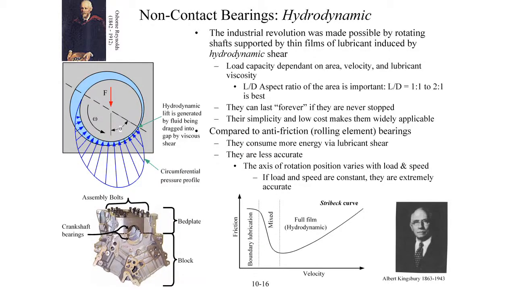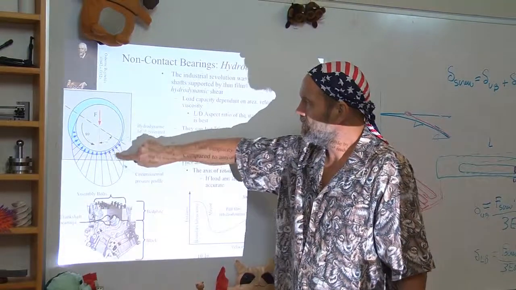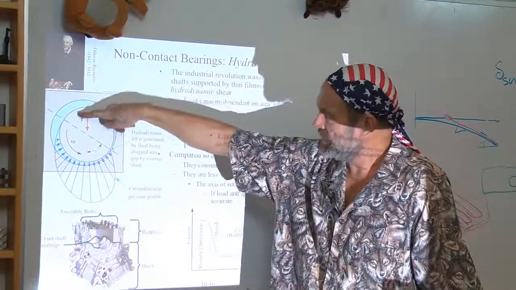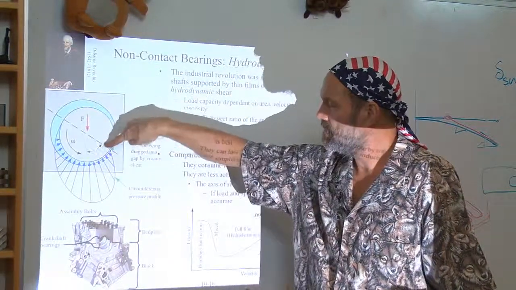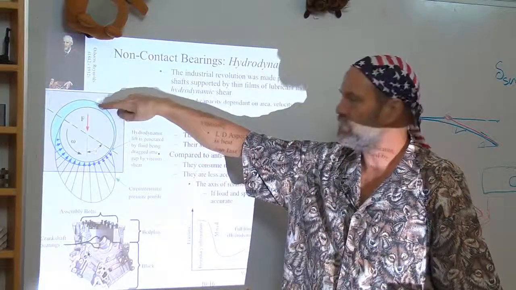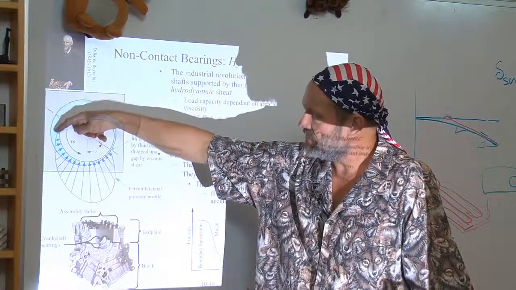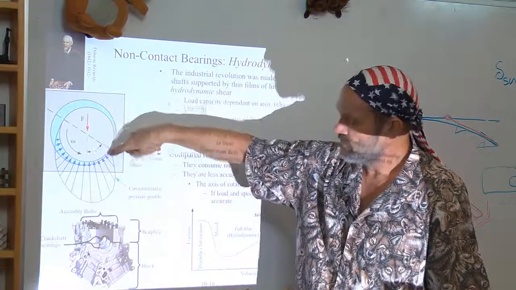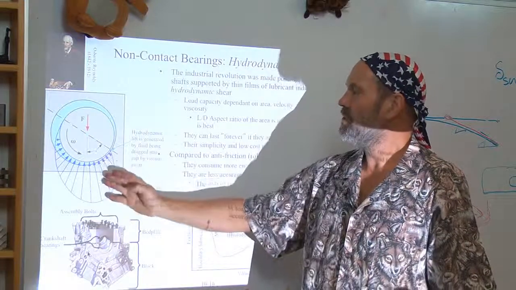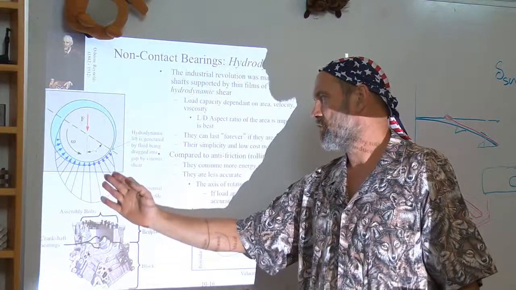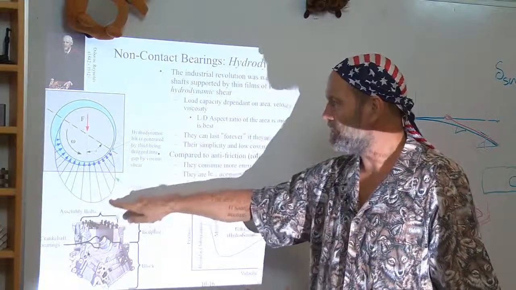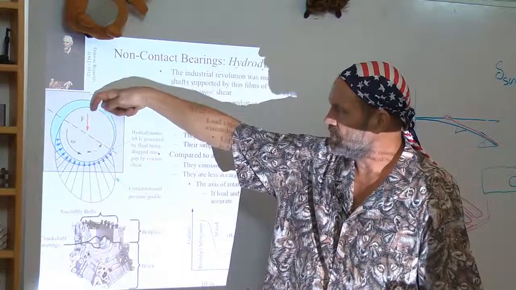What happens in hydrodynamic lubrication is, for example, you have a bore and a shaft in the bore, and as the shaft is spinning, due to the viscosity of the fluid, it's going to drag fluid in and form what's called the hydrodynamic wedge. And that fluid being dragged in creates a pressure profile. This is shown by this blue shape here that will now act to support a load.